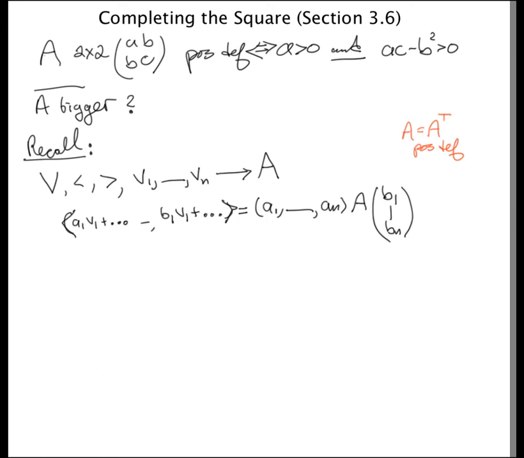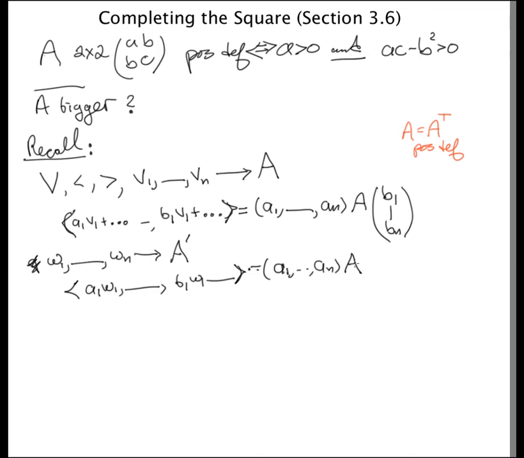And I also said last time, if you chose a different basis, W1 through Wn, you'd get some other matrix, I'll call it A prime, such that the same equation holds, except using this other basis W. The inner product is equal to, well, you still have the same numbers here, A1 through An, except I have to put a different matrix here, A prime, and B1 through Bn. Now, why is it a different matrix?